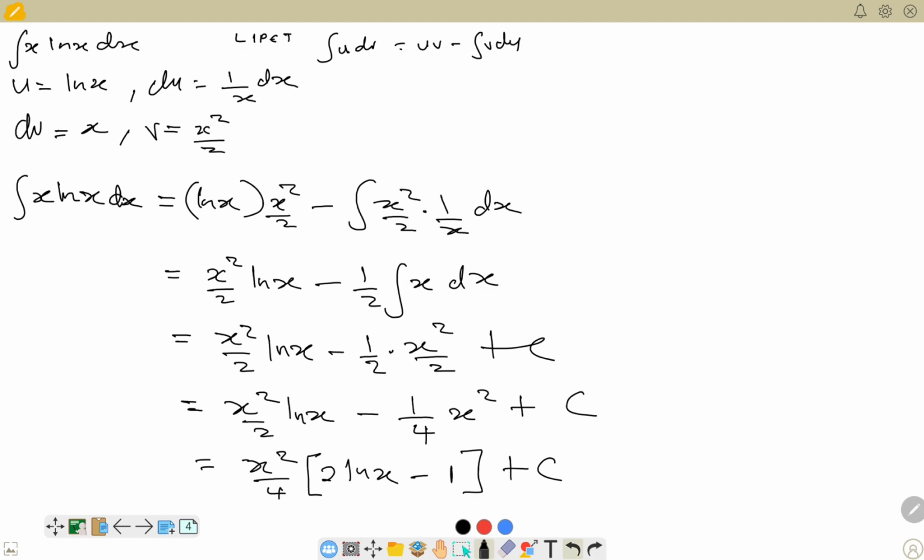Then let's look at another integral which is in a different format now. Let's look at the relationship between exponential and trigonometry. So e to the power 2x cos 3x dx.